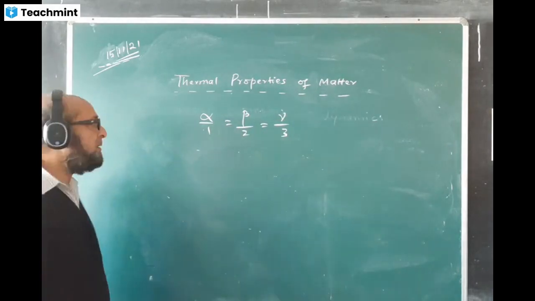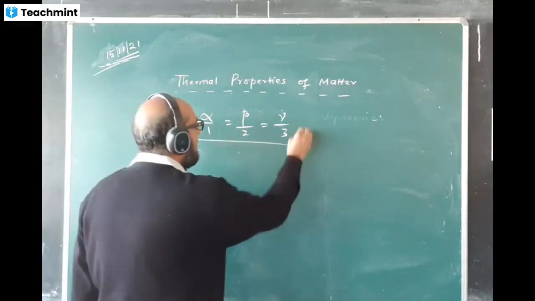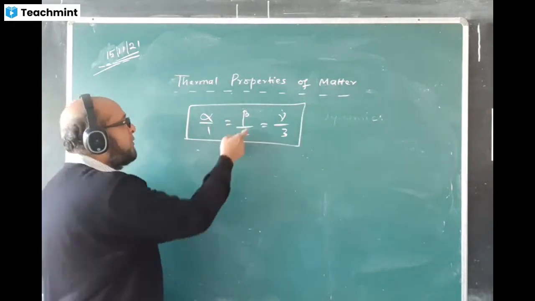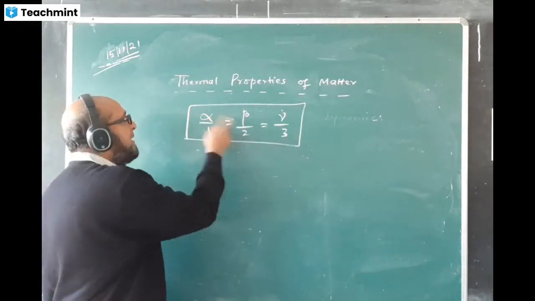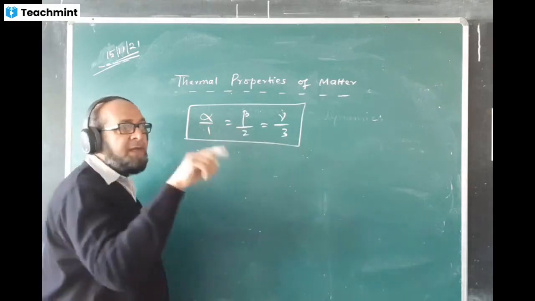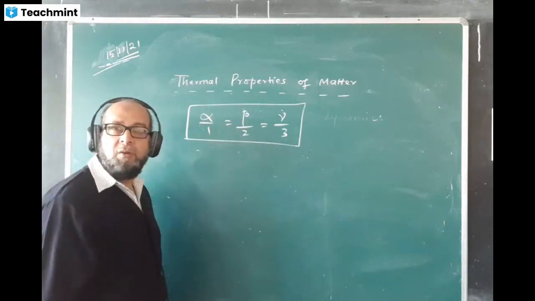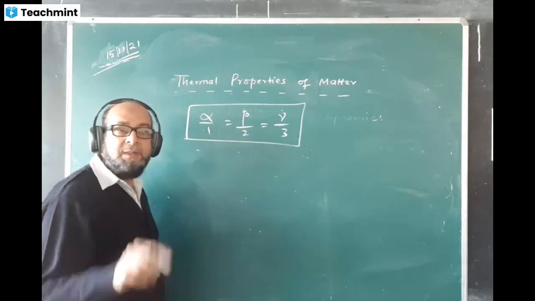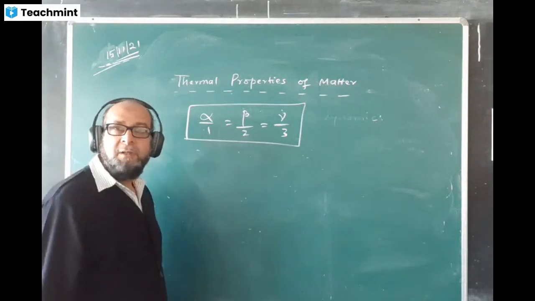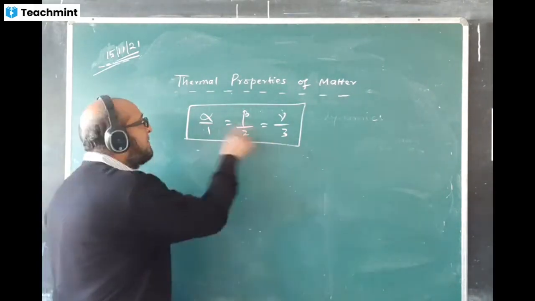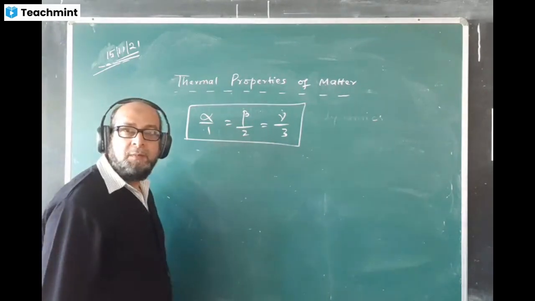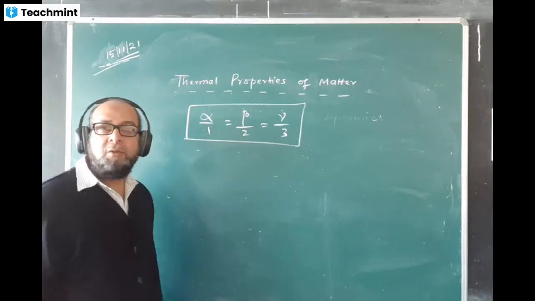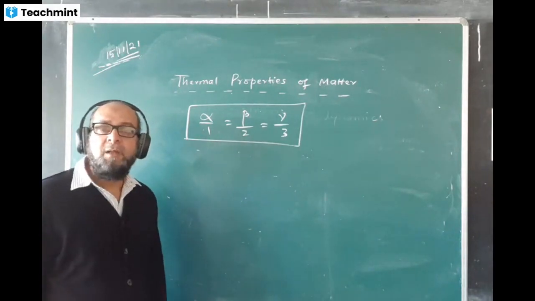This is a relationship between the 3 expansions. That means beta is 2 times of alpha, gamma is 3 times of alpha. Beta means area, area means meter square and all. The beta value will be twice of alpha, and gamma means meter cube, so power is 3. So 3 times of alpha. So this is the relationship between all the 3 types of expansions.